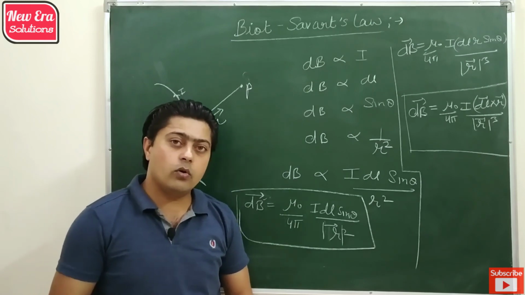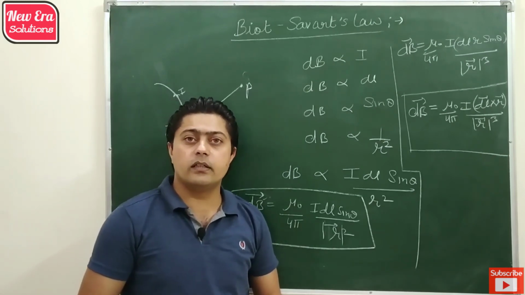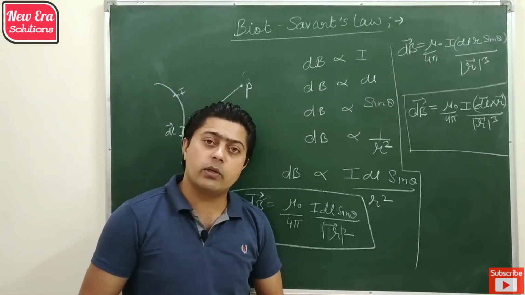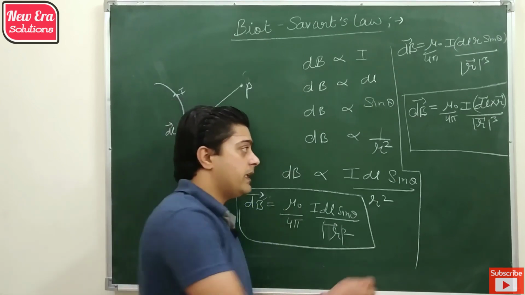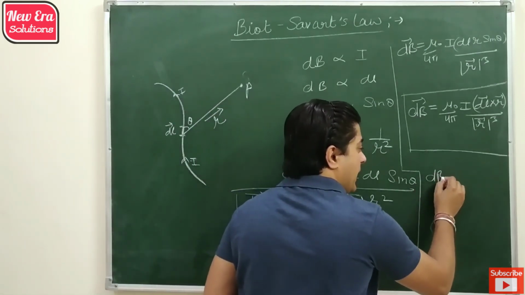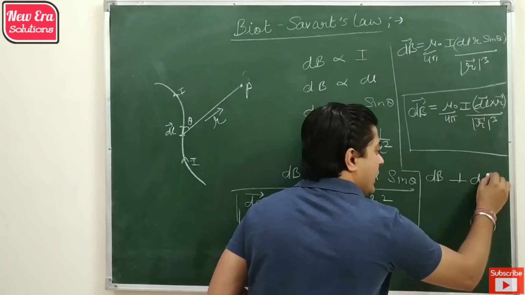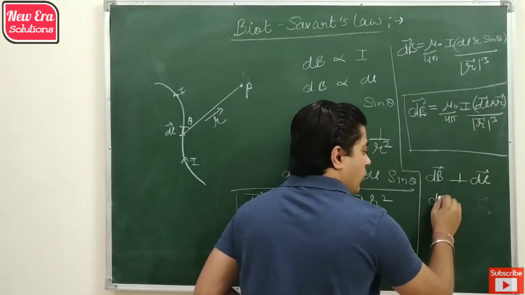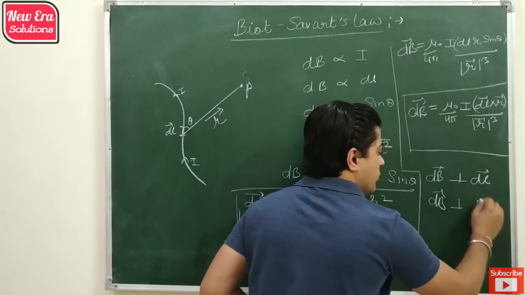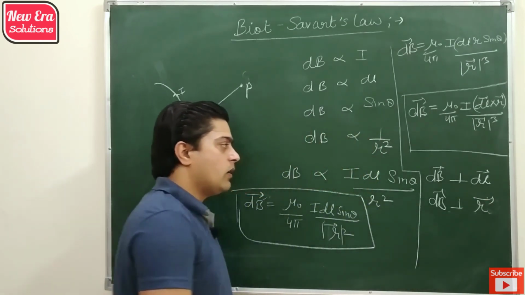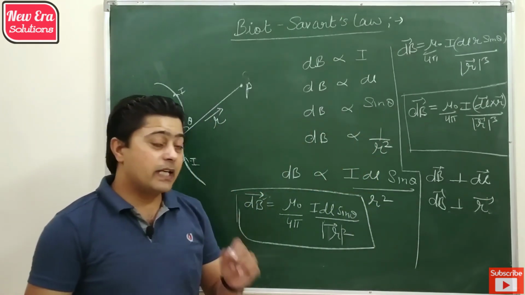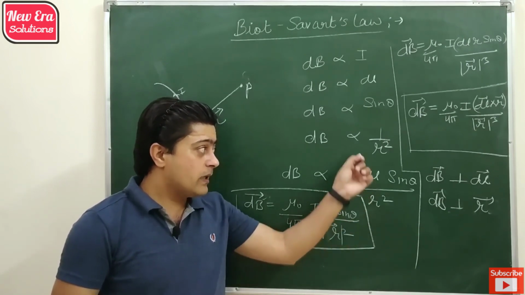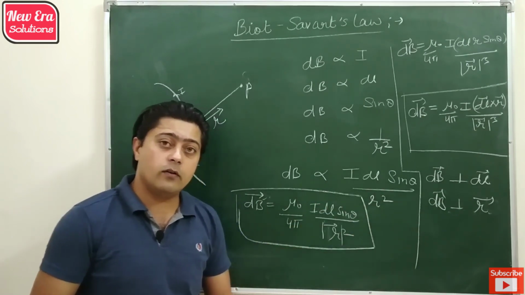As we know, the vector product of two vectors is always perpendicular to both of them. Then we can say the magnetic field is always perpendicular to the current element, and it is also perpendicular to the displacement vector. So the magnetic field is always perpendicular to both of them.